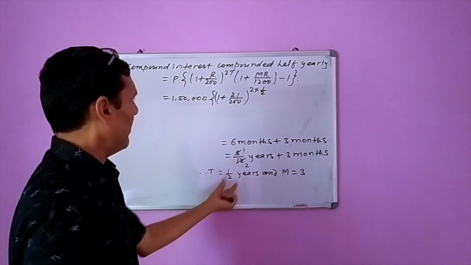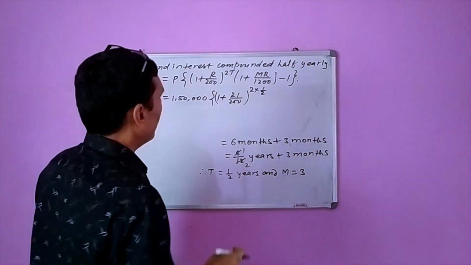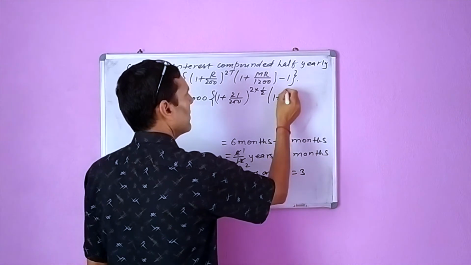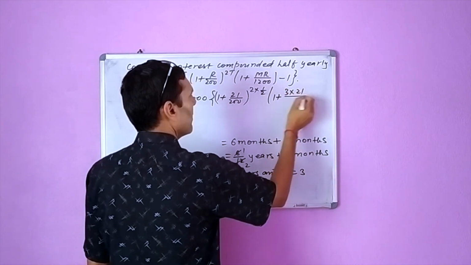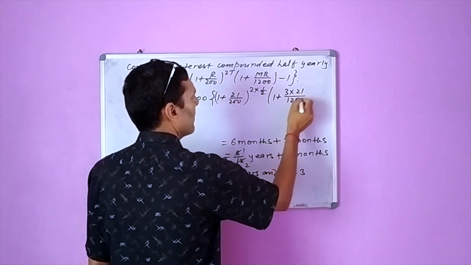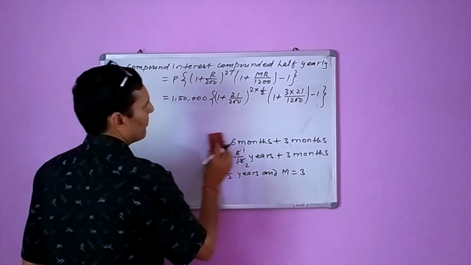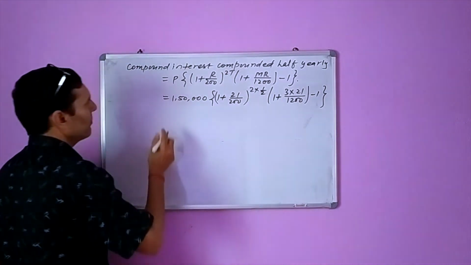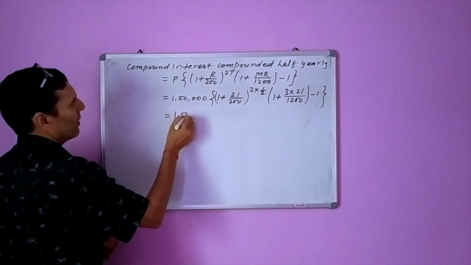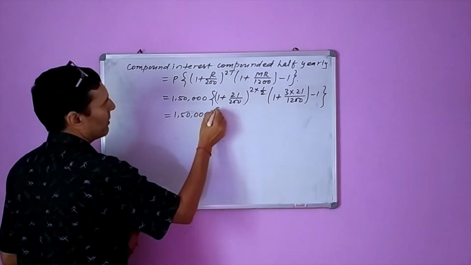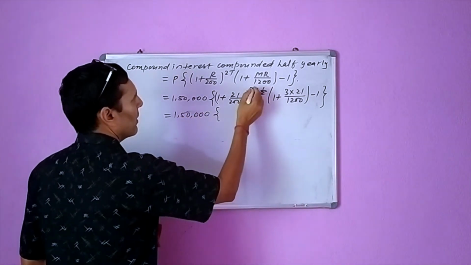The number of half years in 9 months is 1. And 1 plus M 3 into R 21 upon 1200 minus 1. It is 1,50,000 as it is. This 2 and 2 cancel.